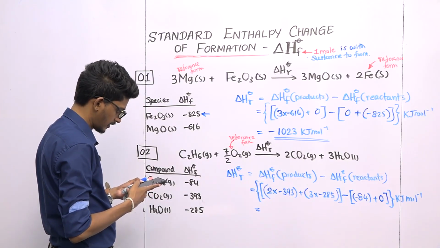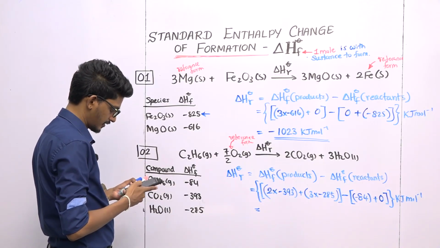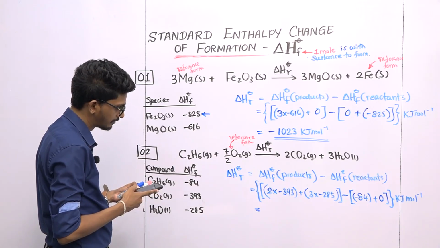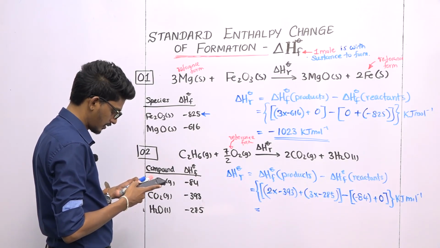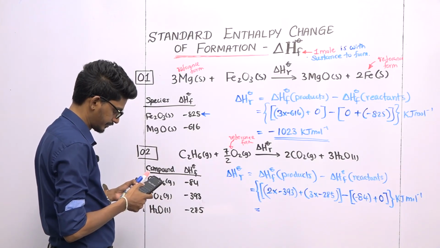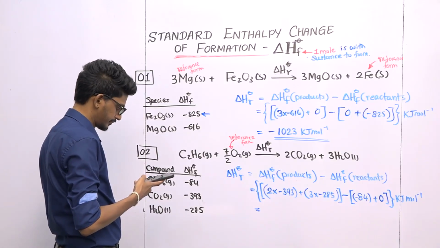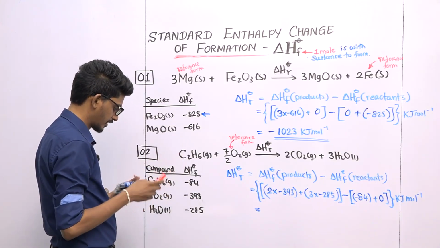That is 786 minus, and you have 285 into 3, that is given as minus 1641.